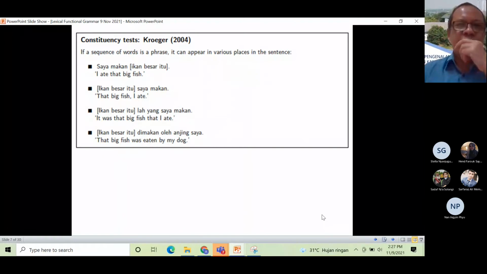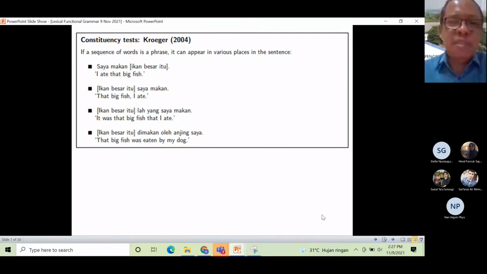The next one: if a sequence of words is a phrase, it can appear in various places in a sentence. I think I already explained this last week as well. This is also by Kruger 2004. For example, that big fish can be moved to the initial position to show that this is a phrase, because it can be moved to various positions.